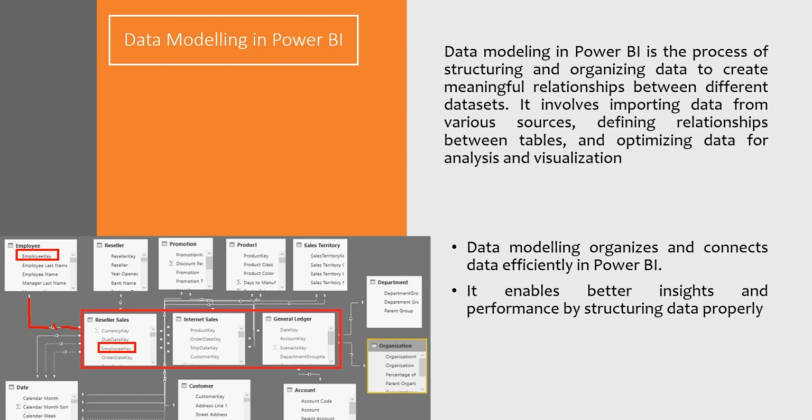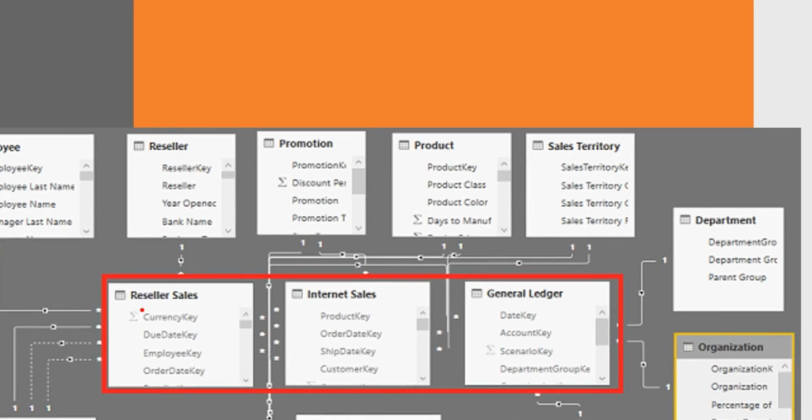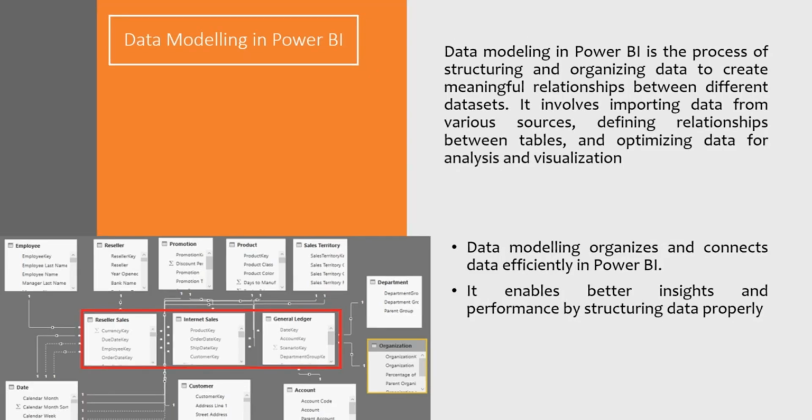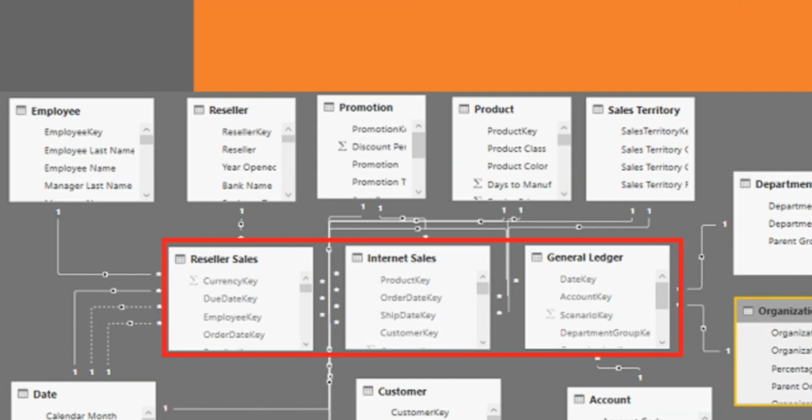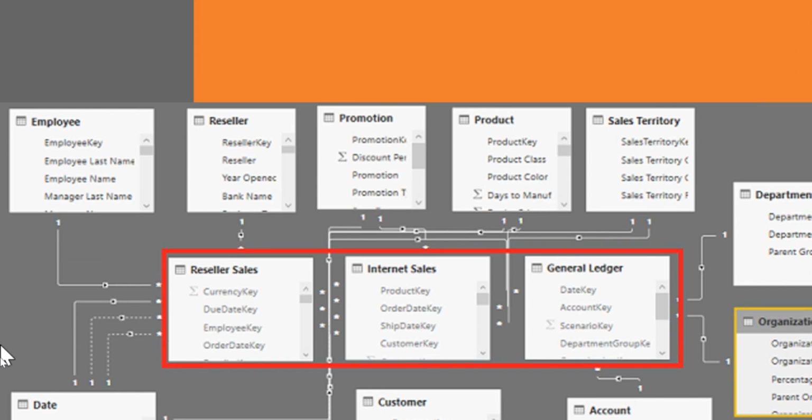There's an arrow facing the reseller table. Let me zoom in on it. You can see the arrow. It means this table can filter all the records in the reseller sales table, because the arrow is pointing towards the reseller table.